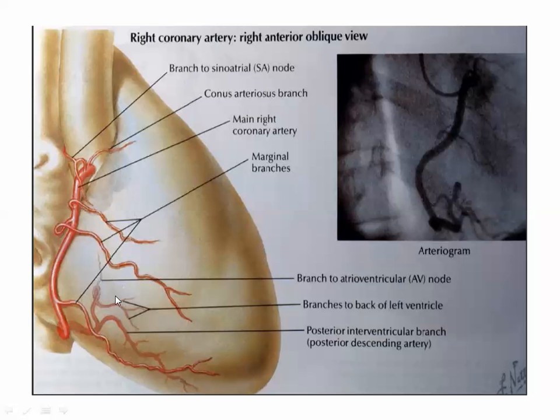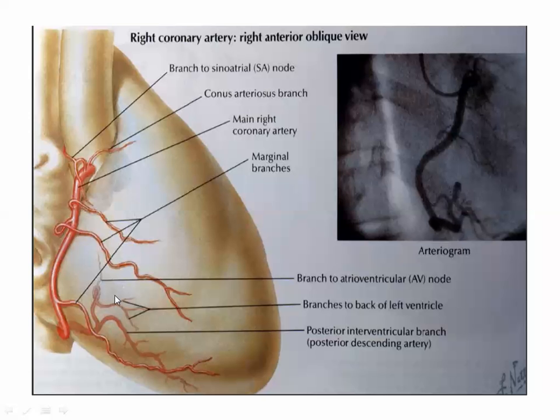Okay, the PL gives a branch to the AV node. So the patient may go into heart block; in about 60% of patients, and in other patients it may come from the LCX, but in 60% it comes from the PL.